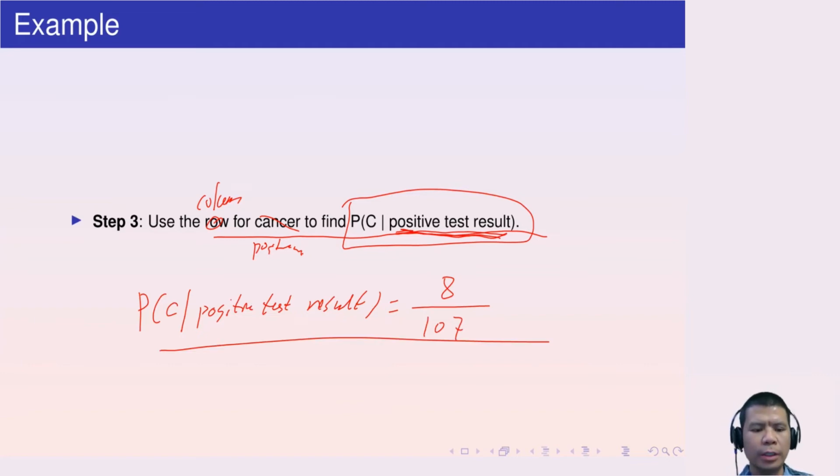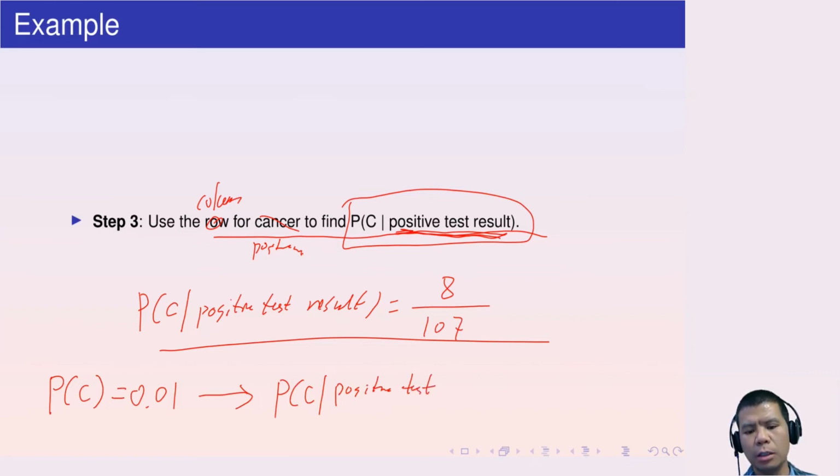In this case the prior probability is 0.01, and if there is a positive test result, this conditional probability becomes 8/107. It's less than 8%, right?